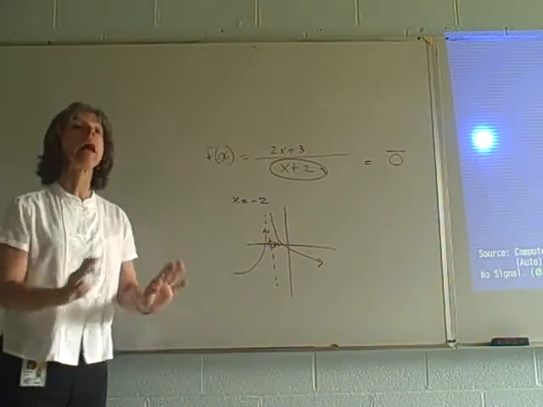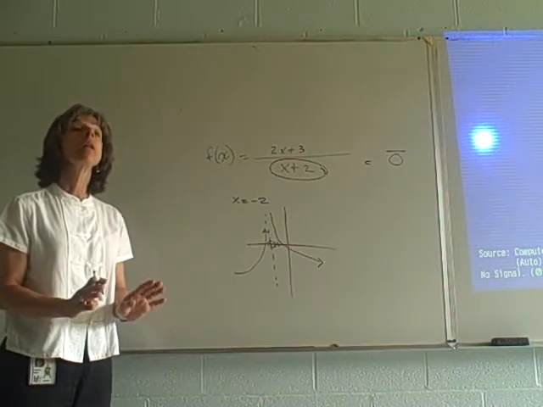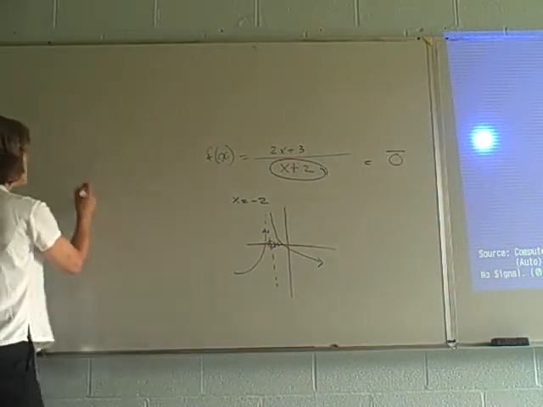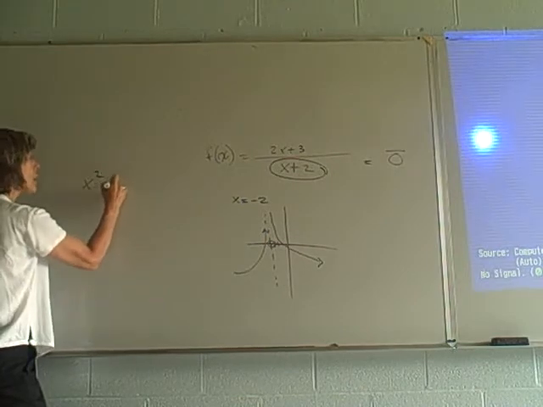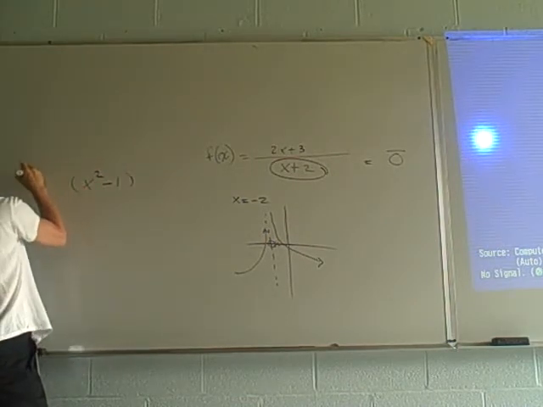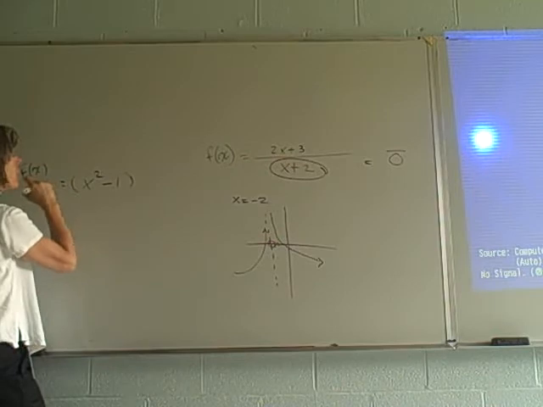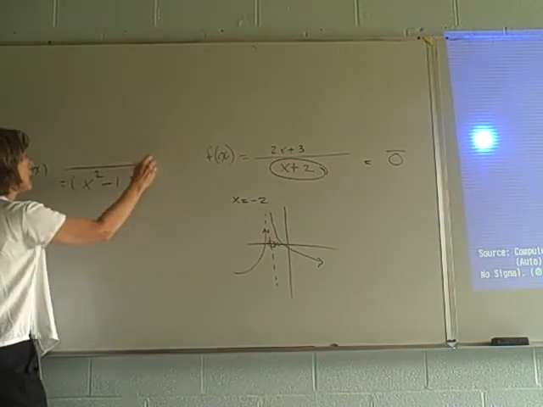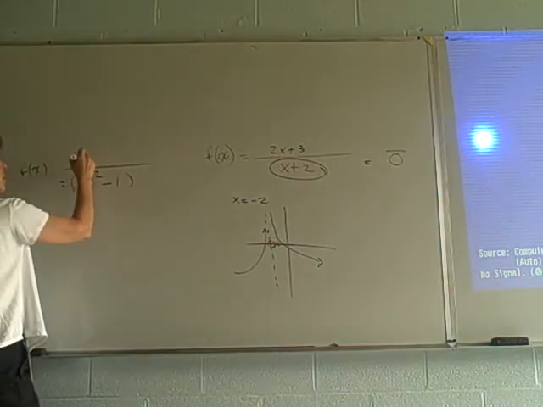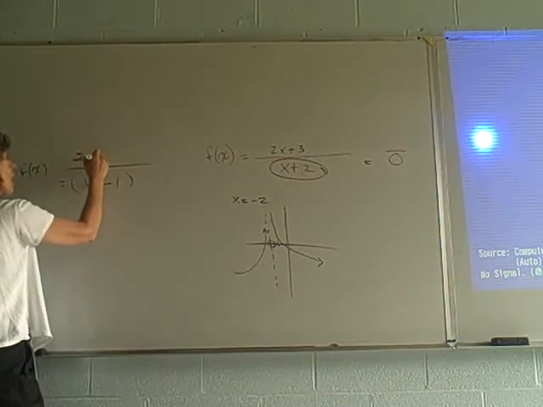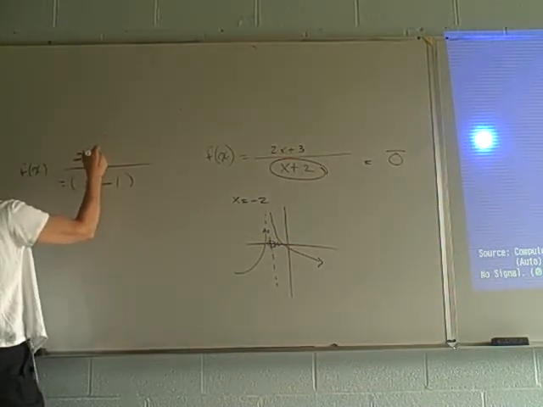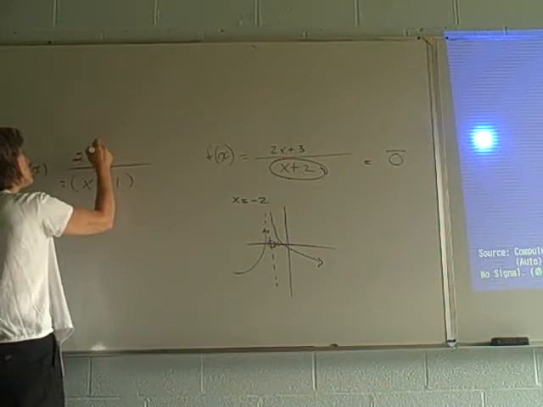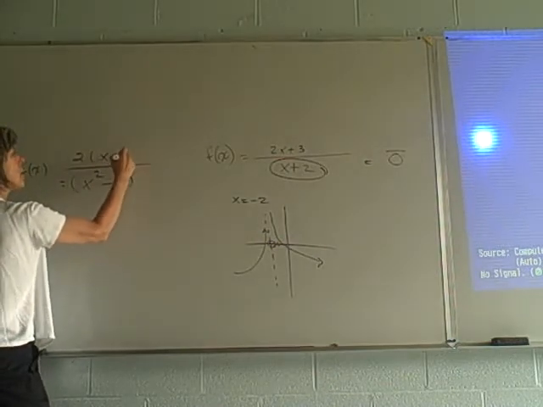Yes, an asymptote. But if there's two numbers that plug in, but if I had, let's say, x squared minus 1 in the denominator, and in the numerator 2x minus 1.